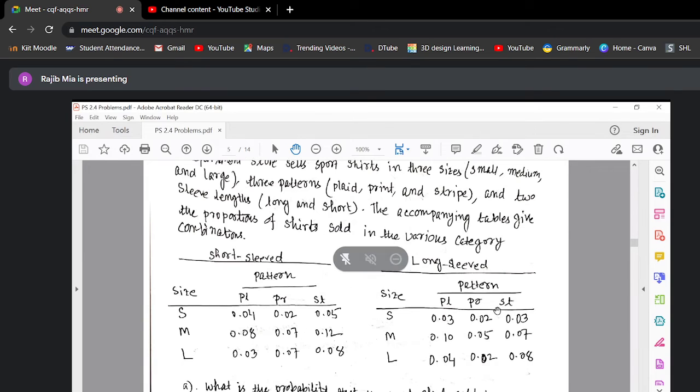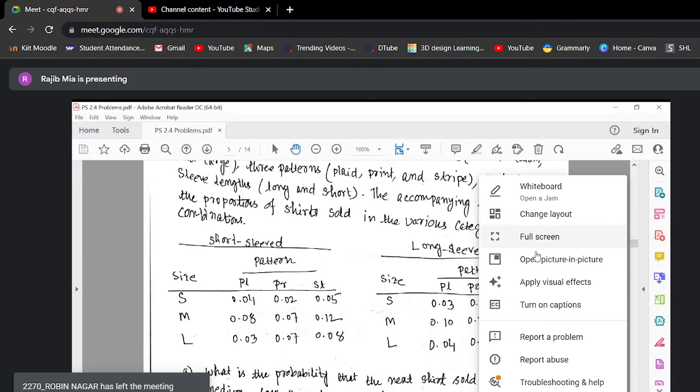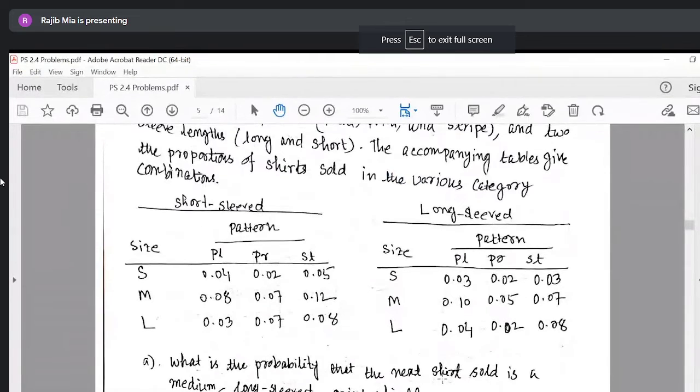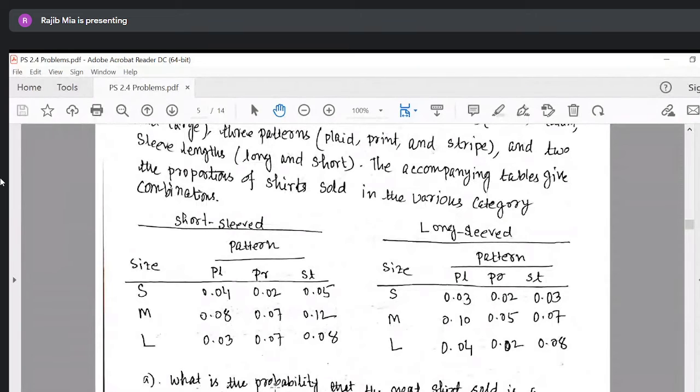Now, first part is, what is the probability that the next shirt sold is a medium, long sleeved, and print shirt? Can you say, anyone? 0.05.